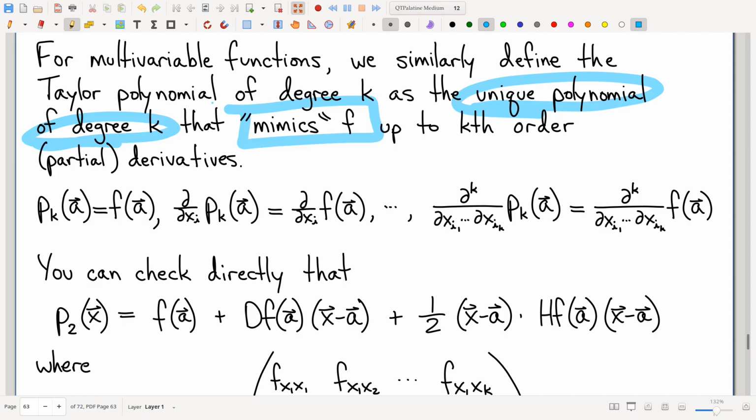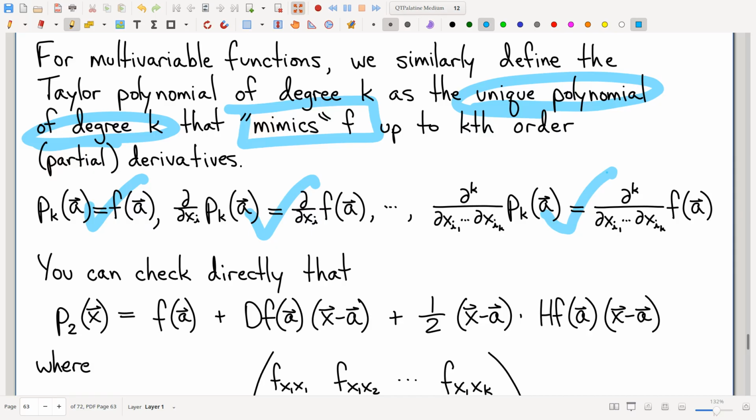In the same sense, it's going to have the same value and the same derivatives. There's actually a bunch of them: all of the same partial derivatives, second partials, third partials, etc., all the way up to and including all of the kth order partials.